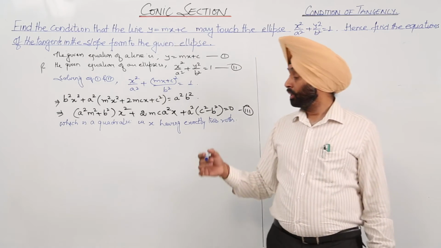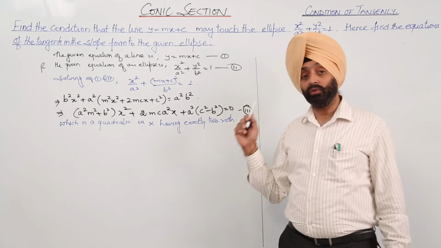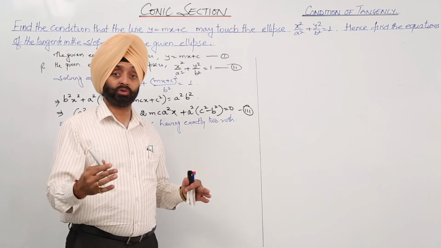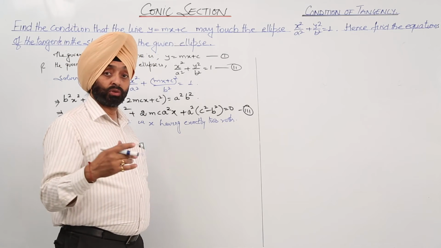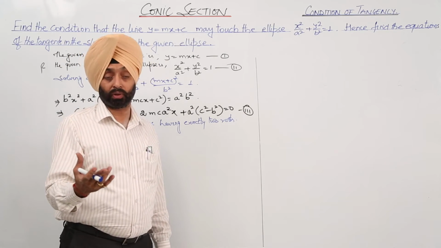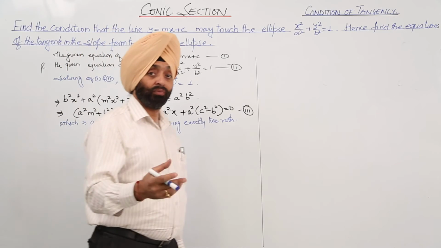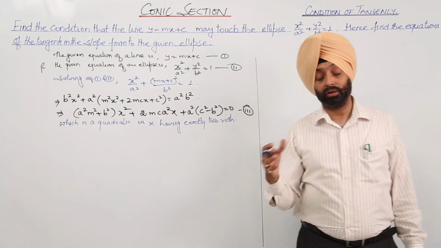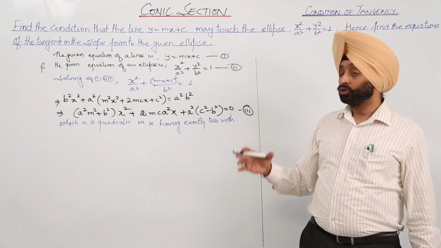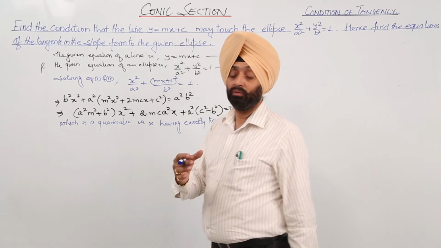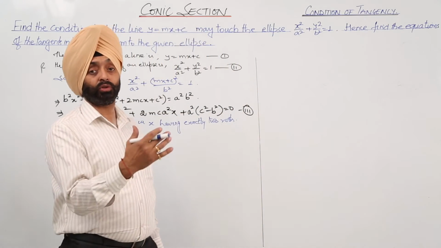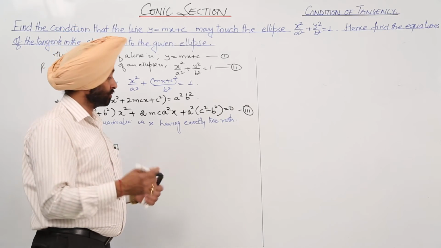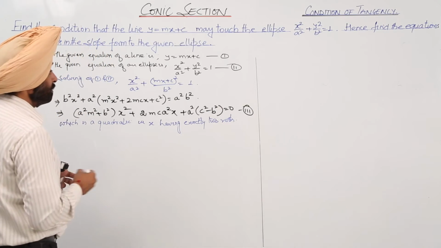If we substitute the value of x in equation 1, we will get y in terms of 2 answers. So we get at most 2 values for y, but we want only one value because we require a tangent. So we will use the condition that the discriminant should be equal to 0. Only that is the condition when we get 2 equal roots.